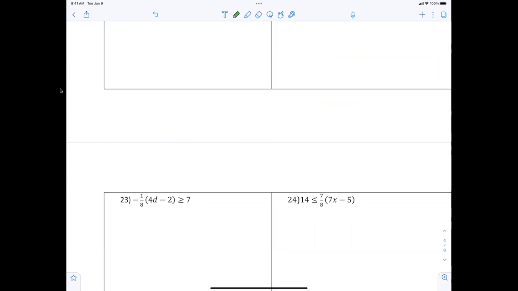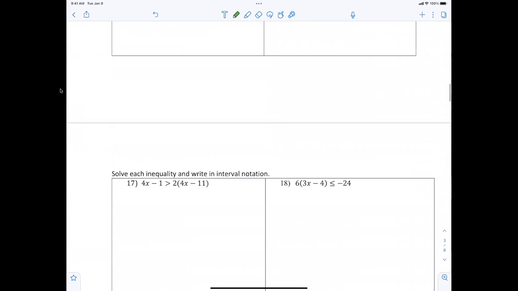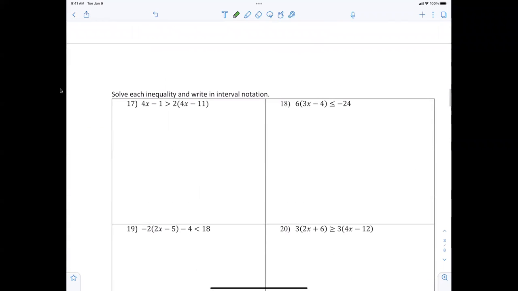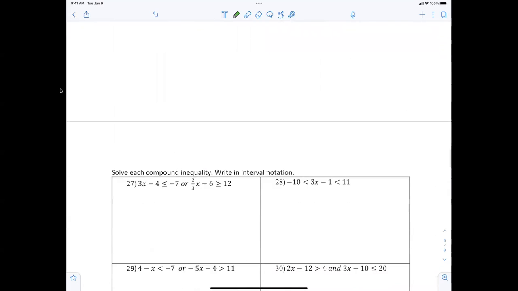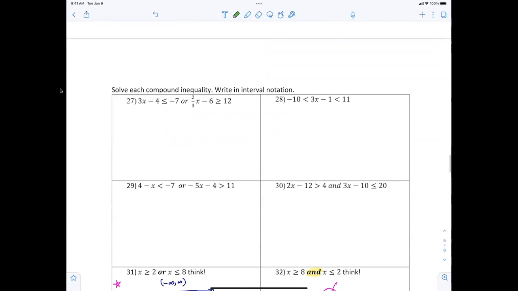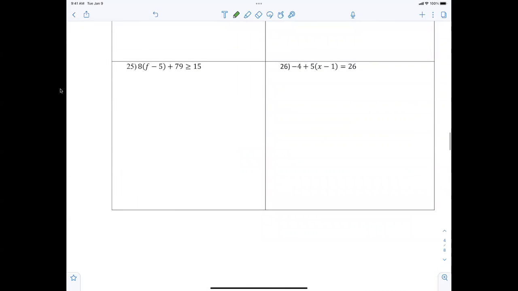I'm really confused. So we're not doing that. Make sure you're listening carefully on the numbers from 17 through 26. There's just one.